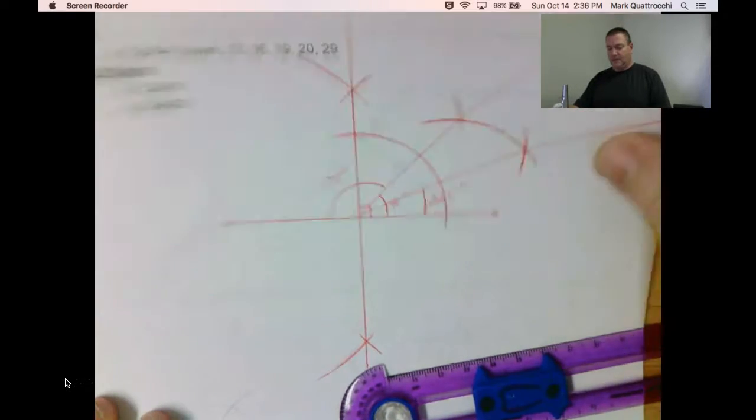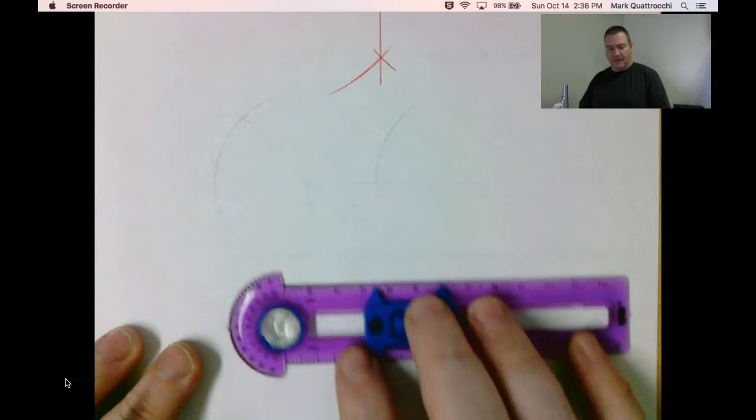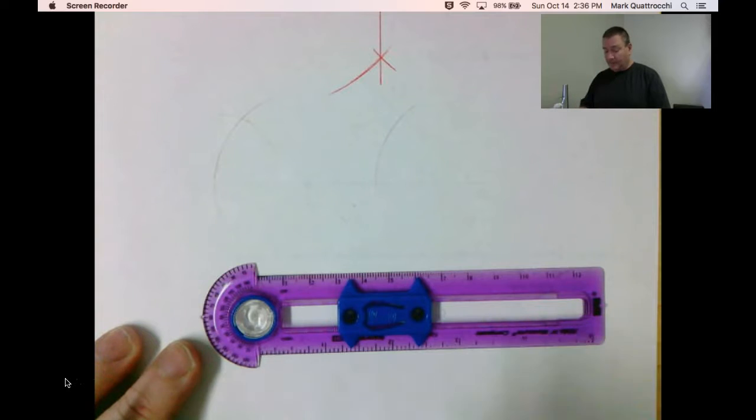Now, I'm going to do a new one to do part D, which is 105 degrees. And this one's a little bit tricky.